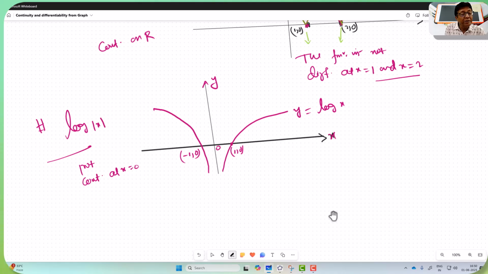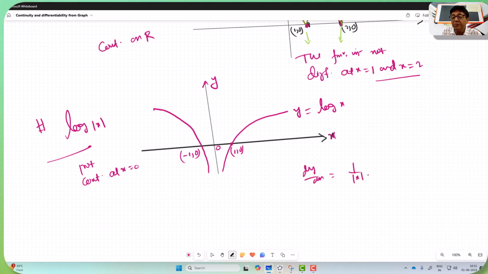Similarly, it is not differentiable at x equal to 0, because a differentiable function is everywhere continuous. If it is not continuous, there is no chance of differentiability. At the point x equal to 0, dy by dx has what value? Which is undefined, 1/0 form. Because dy by dx is going to be equal to 1 by x.